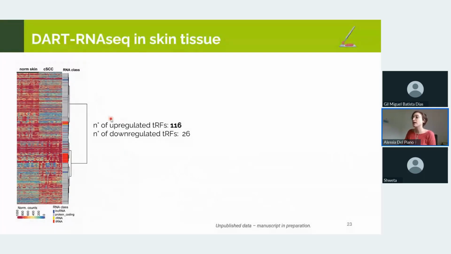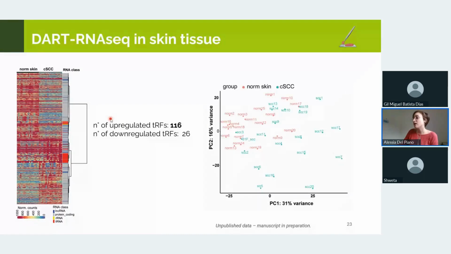And again, we found numbers of significantly up and down regulated tRNA fragments. From the PCA, we still were able to distinguish the 2 classes of normal skin and CSCC, even though, again, less nicely due to the nature of the samples itself.